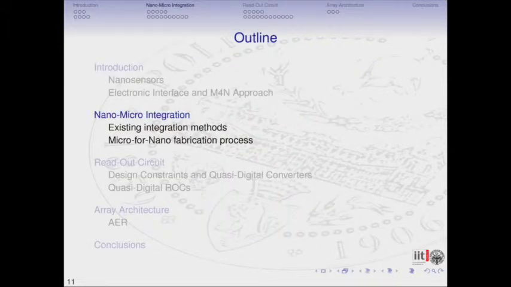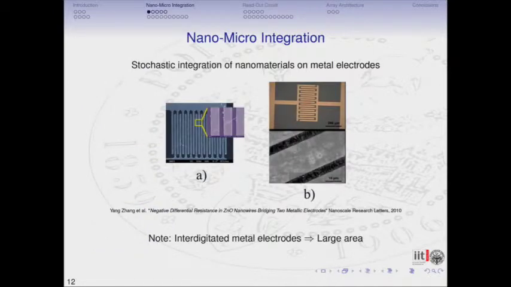Now I will focus on the first step, the integration of nanomaterials on microelectronics. There are three main approaches in literature.